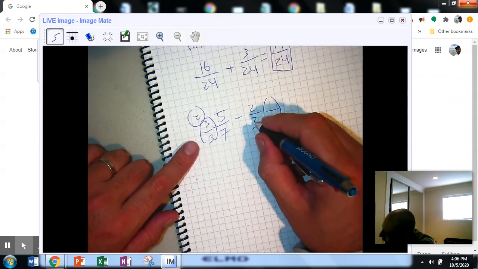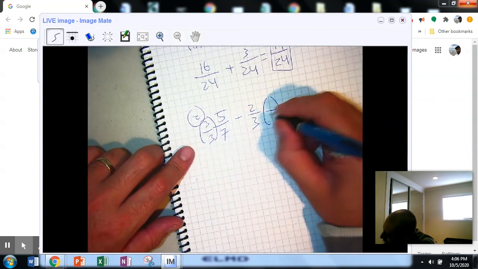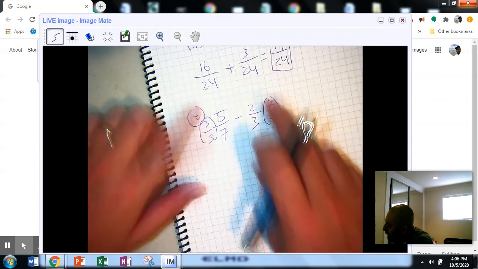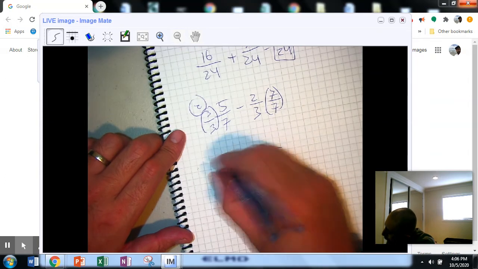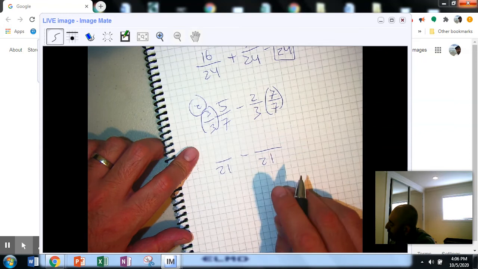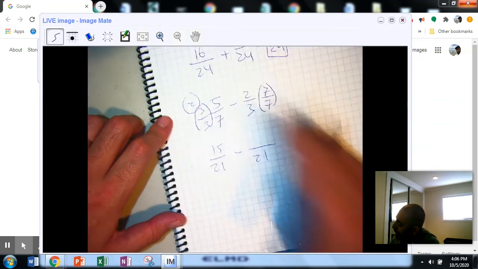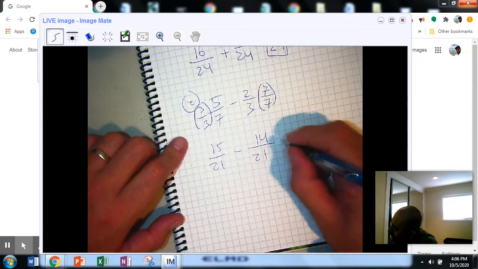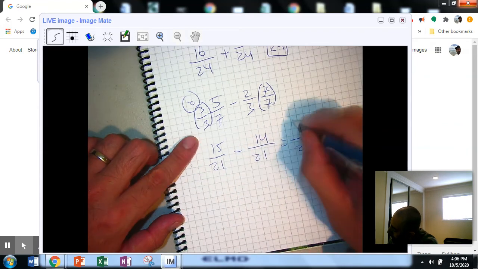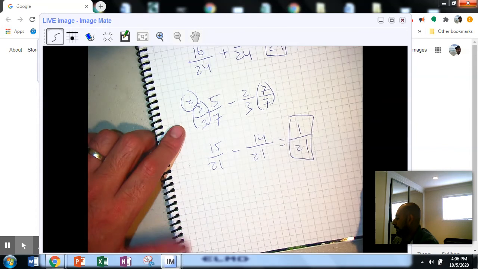And since you have a 3 over here, you put a 7 to match. You put them on opposite sides and multiply them out. Now on both sides you have 3 times 7, which is 21. Over here, 3 times 5 is 15, and over here, 2 times 7 is 14. So now 21, 21, 21. 15 minus 14 is 1, and I'm done. Cool?